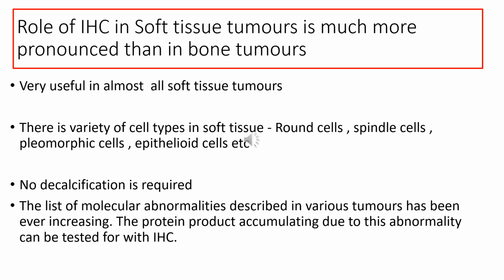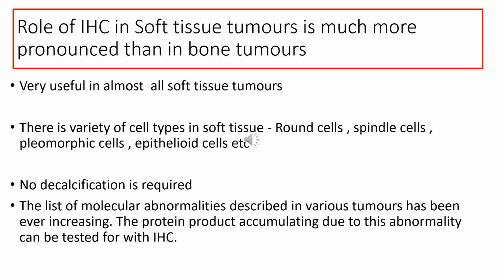And as we know, soft tissue tumors can be broadly categorized into different types of cells, like those which show round cells, spindle cells, pleomorphic cells, epithelioid cells, etc. The advantage of doing IHC in soft tissue tumors is these tumors do not need any decalcification. Hence, their antigenicity is much better preserved than it is in the hard bone tissues.